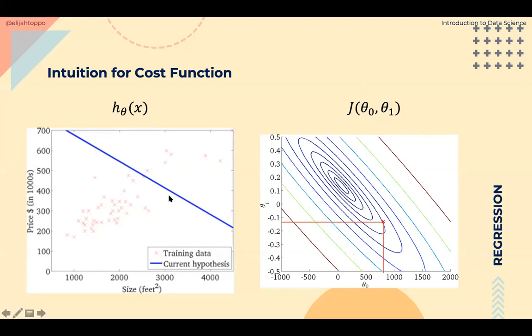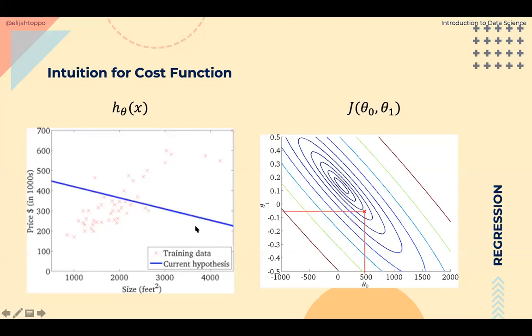So here you can say that theta 0 will be somewhere around 750, and theta 1 will be a negative value, which is also represented here. So this point represents this model, and this is the cost of this model. Okay, and this cost shows that this model is not a very good model.